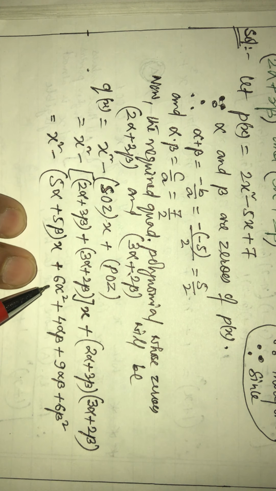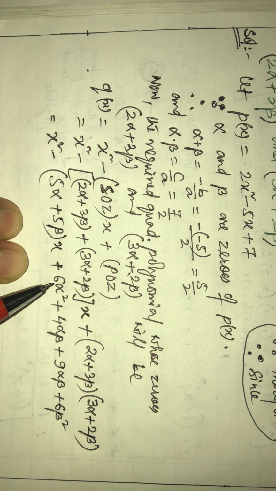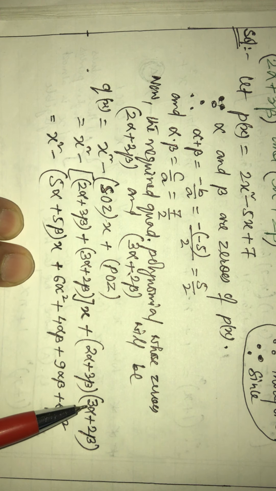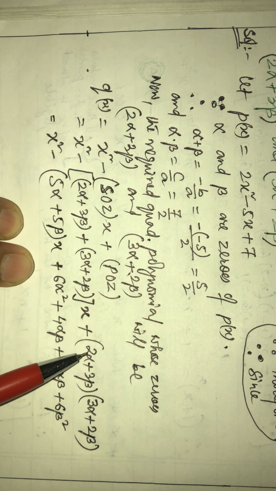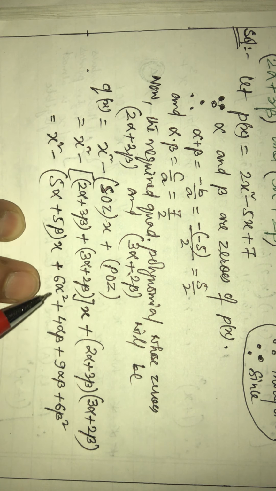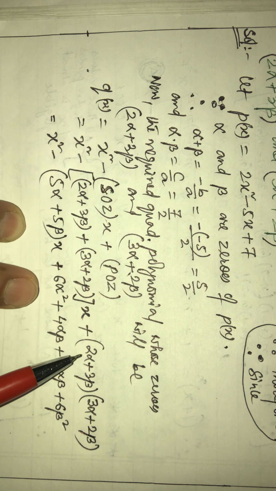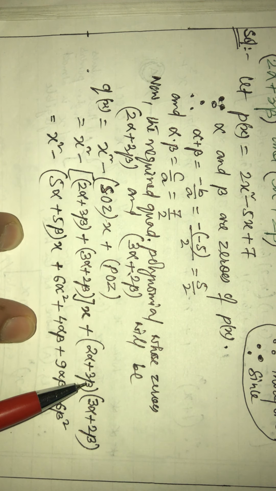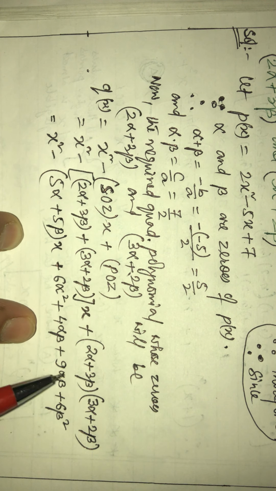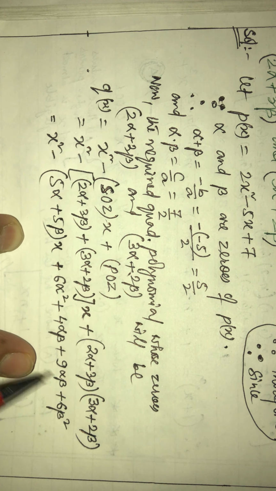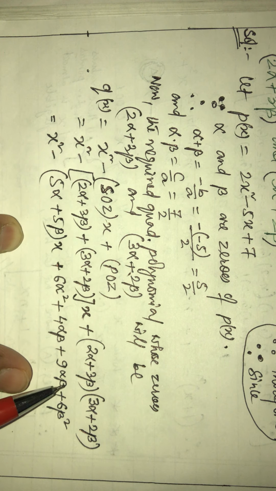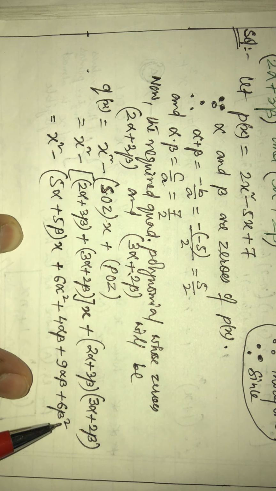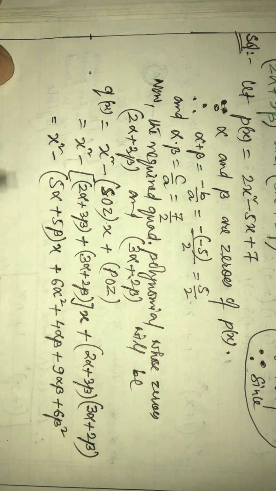So here I got, but it was hidden earlier, 2 alpha into 3 alpha, 2 into 3 is 6, alpha into alpha is alpha square, then 2 alpha into 2 beta is 4 alpha beta, 3 beta into 3 alpha, 3 into 3 is 9, beta into alpha is alpha beta, and then 3 beta into 2 beta, 3 into 2 is 6, beta into beta is beta square. So this is what we got.